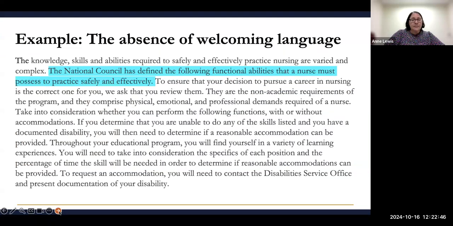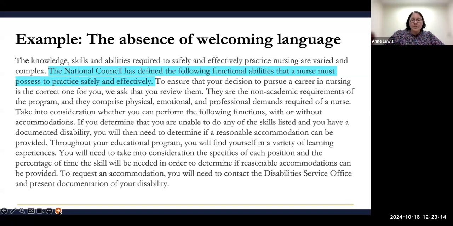So let's take a look at some introductory language. This slide reads, "The knowledge, skills, and abilities required to safely and effectively practice nursing are varied and complex. The National Council has defined the following functional abilities that a nurse must possess to practice safely and effectively. To ensure that your decision to pursue a career in nursing is the correct one for you, we ask that you review them.